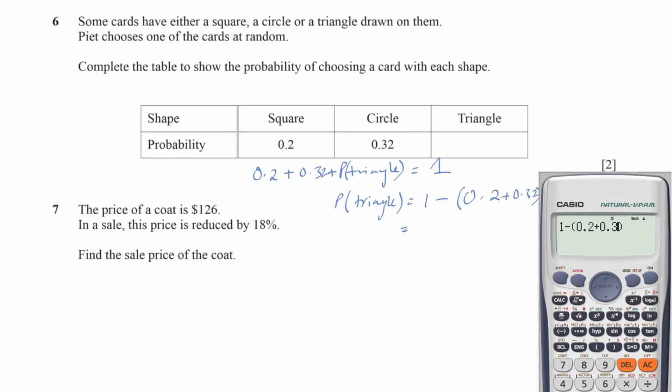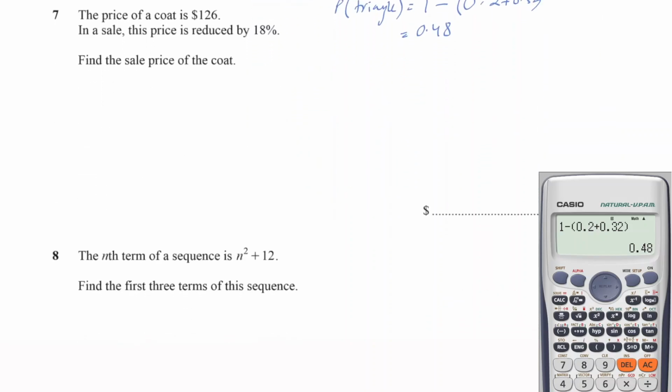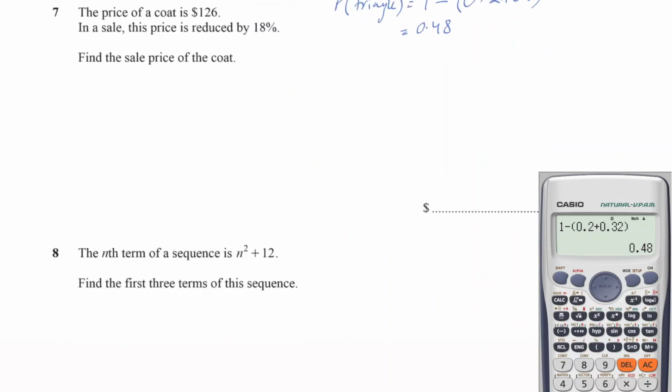So instead of writing 0.3, I should have written 0.32. That gives you 0.48. So probability of a triangle is 0.48. That's what you have to fill. Now when you add these 3, you should get 1. So remember that the sum of all the three probabilities should be equal to 1.